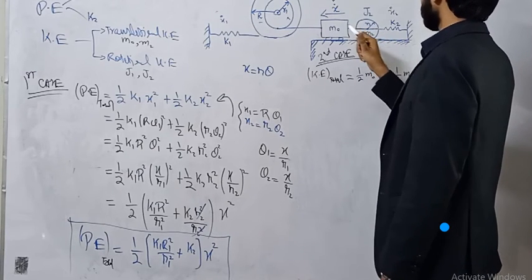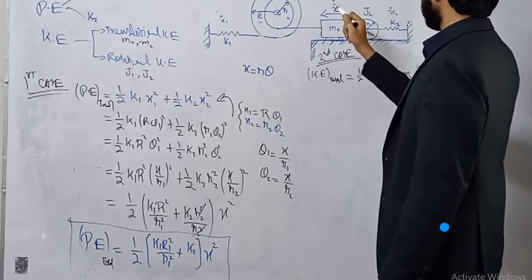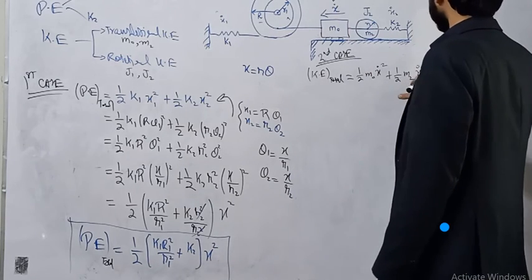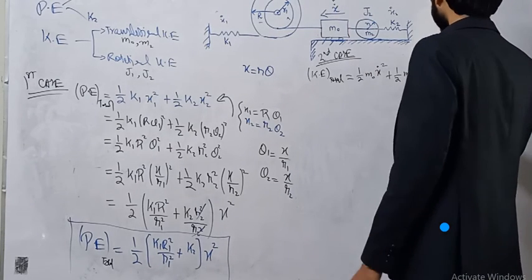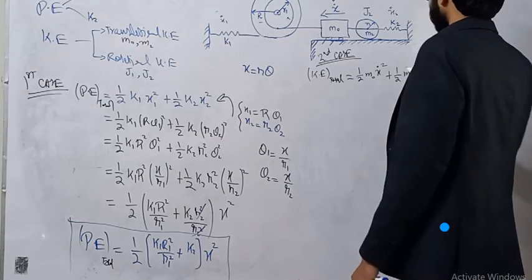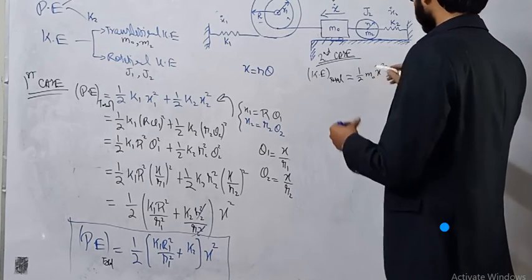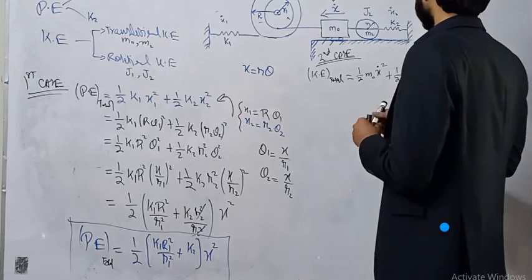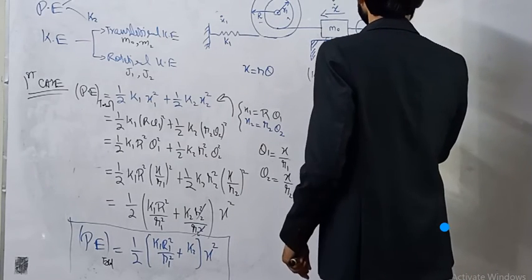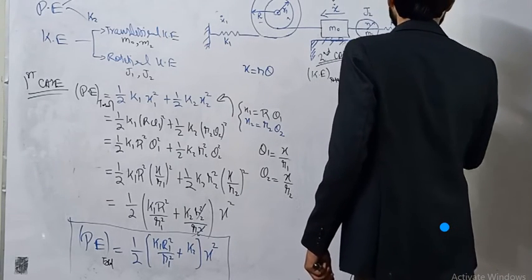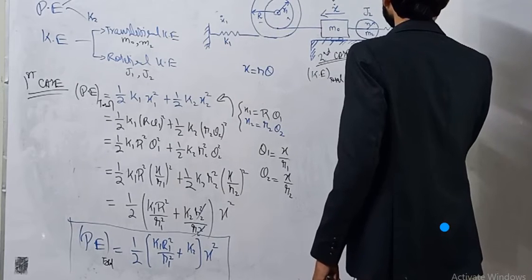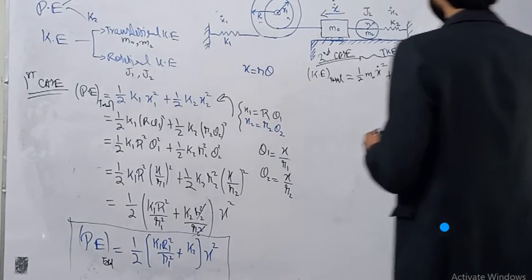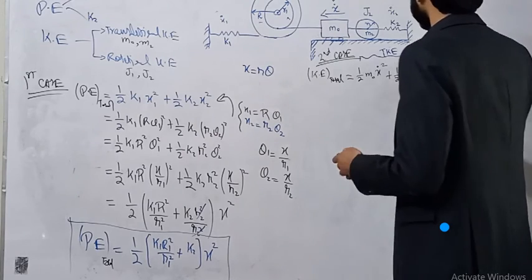So velocity for both of these elements will be same, and that is x naught. So I have written here x naught. Again there is no need to convert this element x naught. So these both are actually the translational kinetic energy elements. I am writing it as TKE, translational kinetic energy.